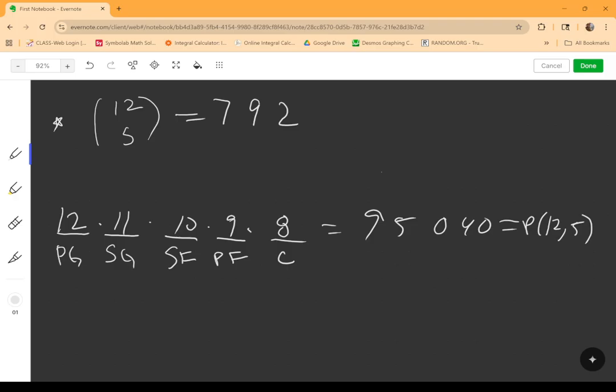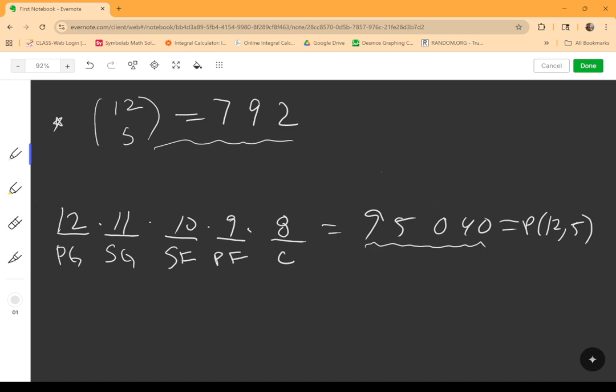The only thing is that the permutation, excuse me, I'm over counting the ones that are in the choose number.